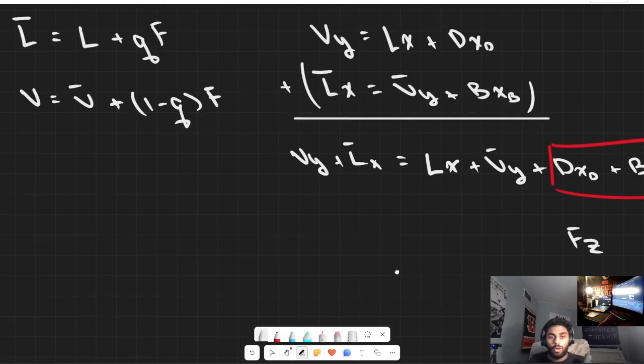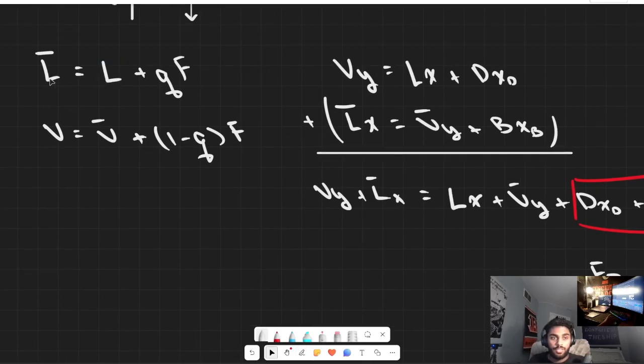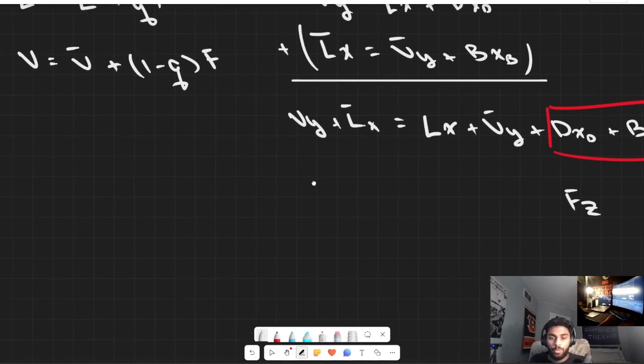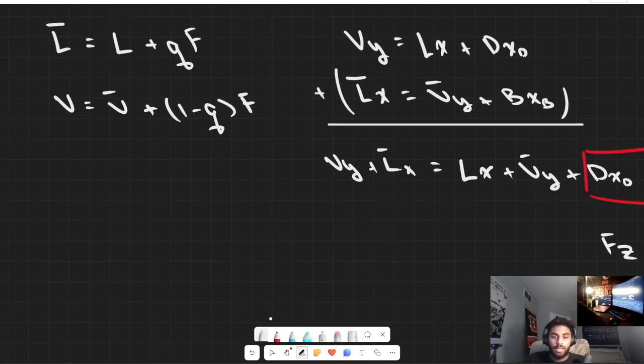The second thing I want to do is point our attention to these newly created mass balances. I'm going to highlight these two terms here.